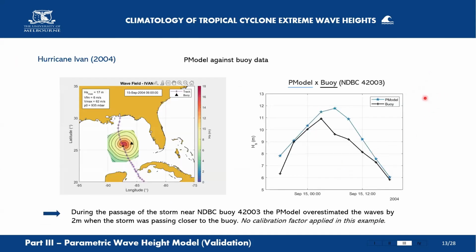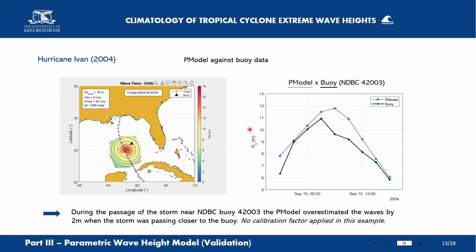Now an example of the comparison with the buoy data for the same Hurricane Ivan. On the left, we have the wave field calculated for each track point. And the buoy data used to compare is on the right side of the storm, this black triangle here.